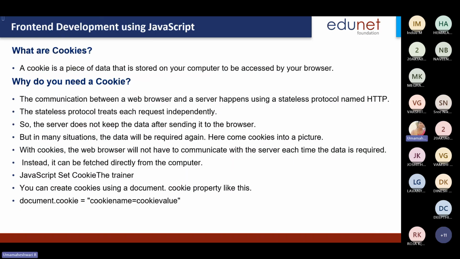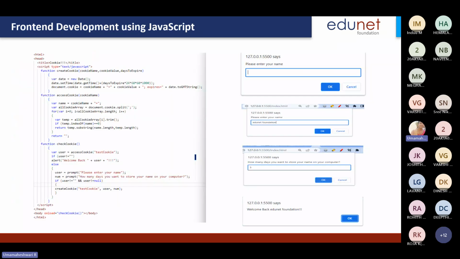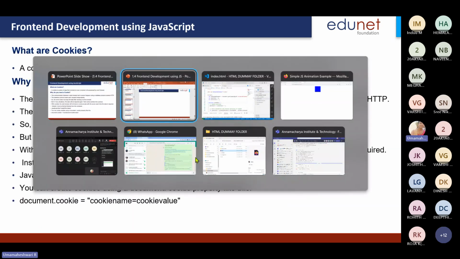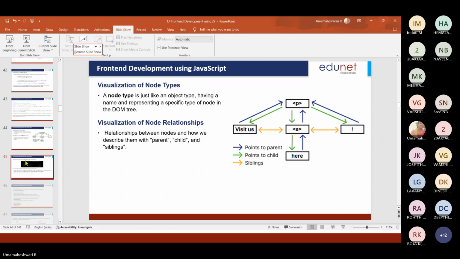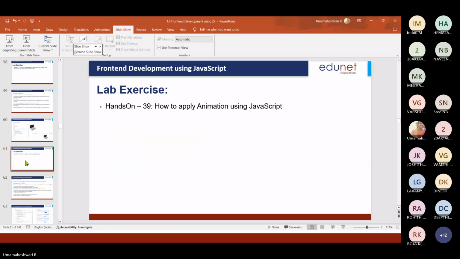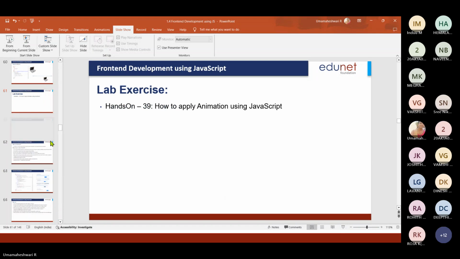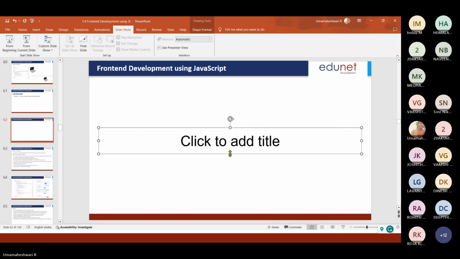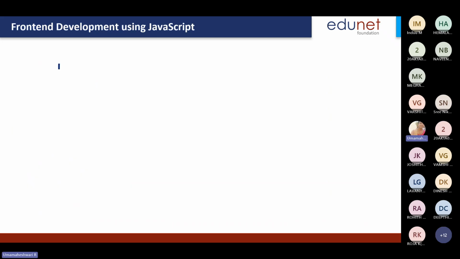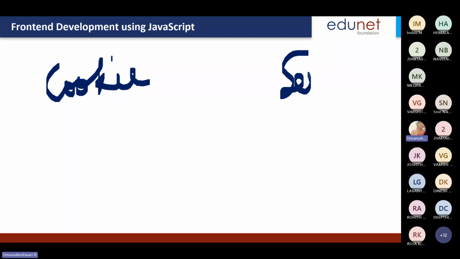What are cookies? A cookie is a piece of data that's stored on your computer to be accessed by the browser. Let me create one slide. First, what is a cookie, and then session storage.